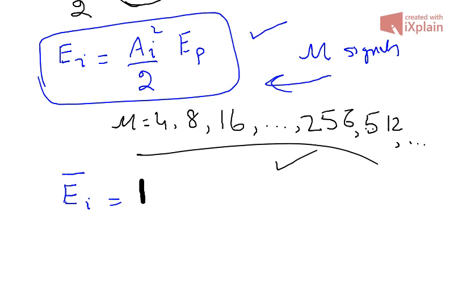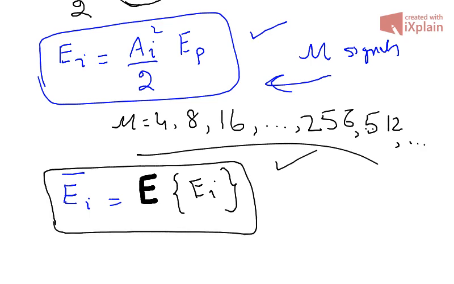The average energy is equal to the expectation of the symbol energy E_i. This bold E represents the expectation or the mean value, the average value. So the average value is this one.